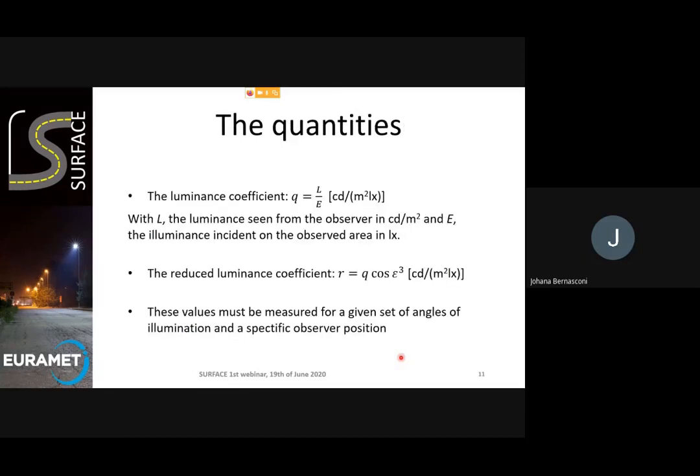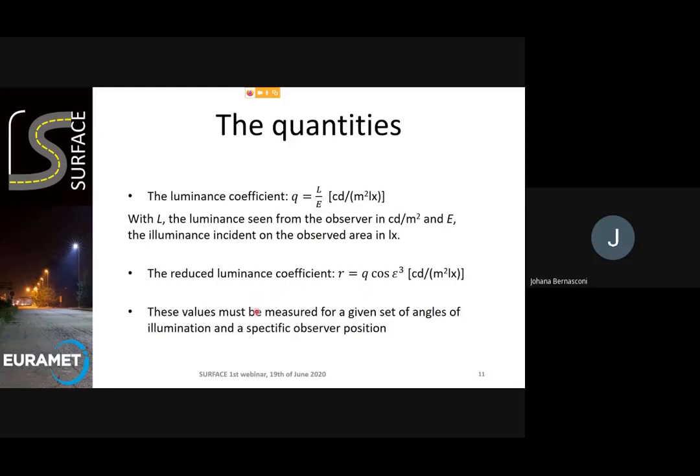So now if we look at the quantities we measure, so we measure the luminance coefficient, which is the ratio between the luminance seen from the observer and the illuminance which is incident on the observed area. And we also use the reduced luminance coefficient, which is linked to the luminance coefficient for practical purpose.